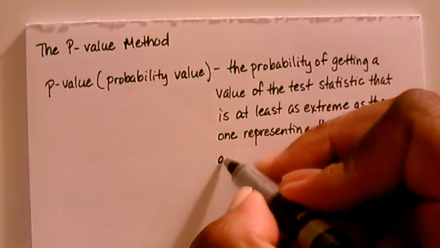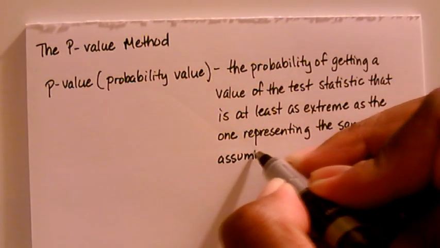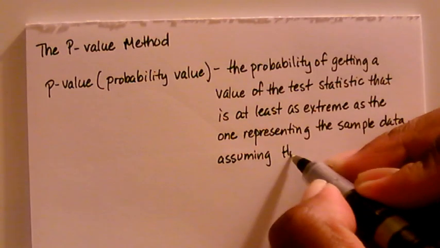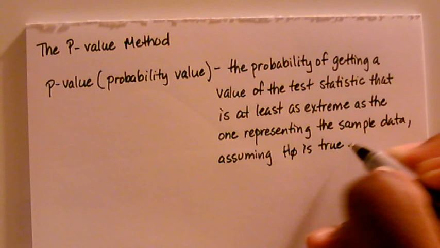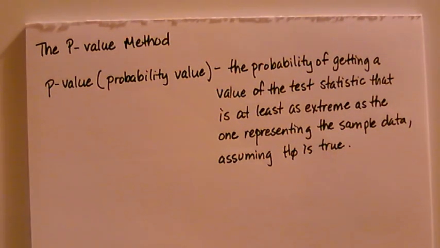And that's assuming that your null hypothesis is true. It's a probability of getting a value of that test statistic that is at least as extreme as the one representing the sample data, and that's assuming that the null hypothesis is true.